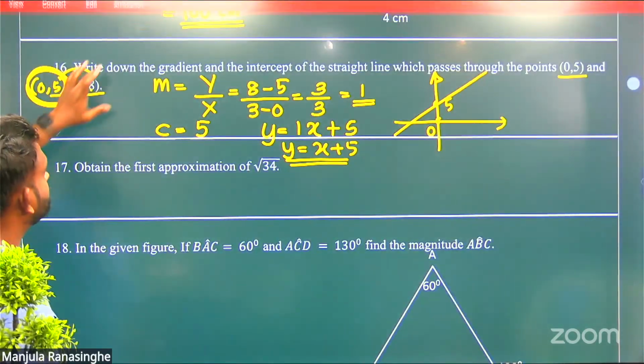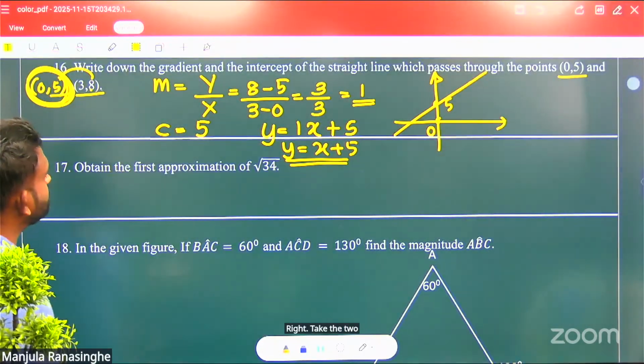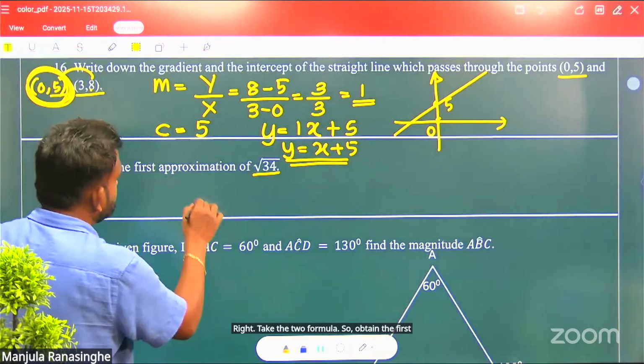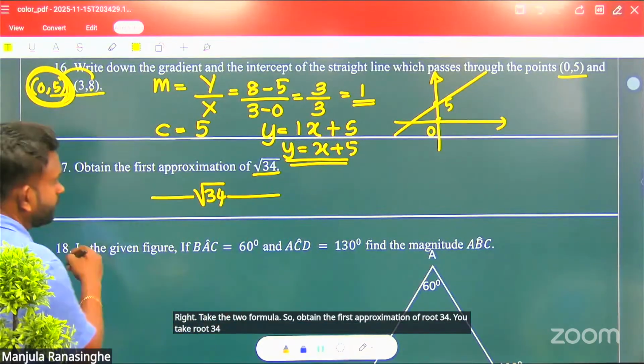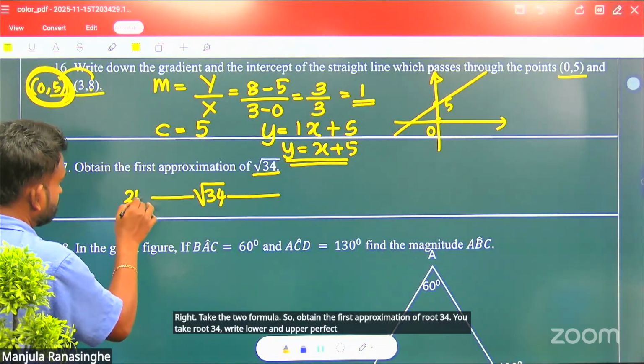Right, take the two formula so obtain the first approximation of root 34. You take root 34, lower and upper perfect square, lower perfect square 25. Yes, tell me. Can we take 5 divided by 8? No, 8 divided by 5 and then 3 minus 0.